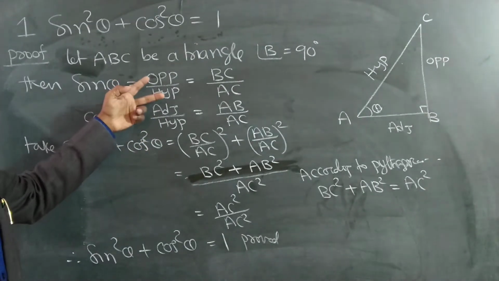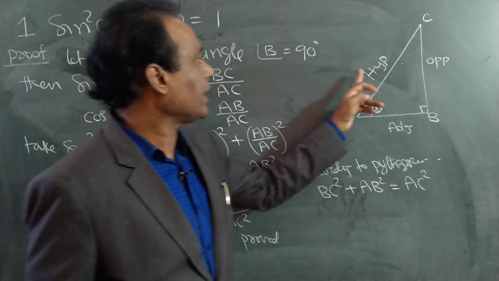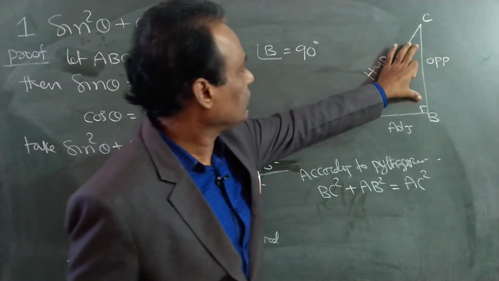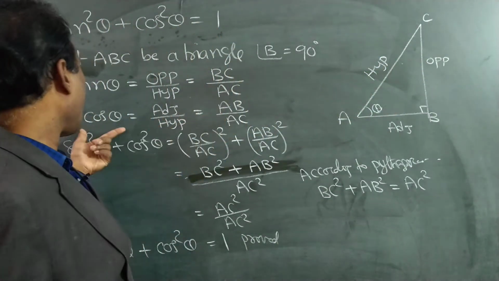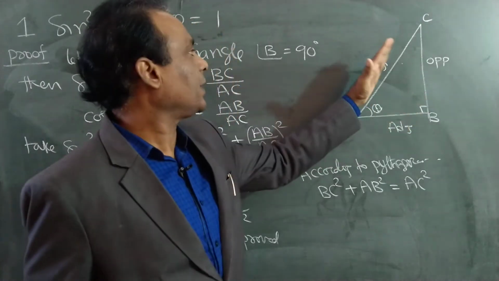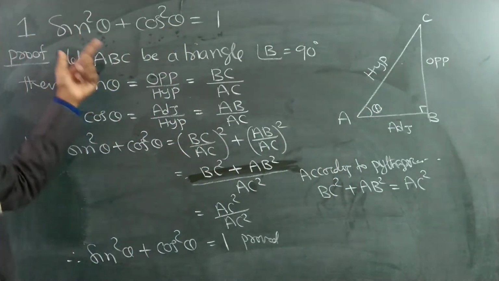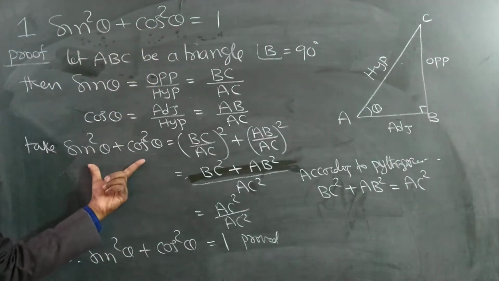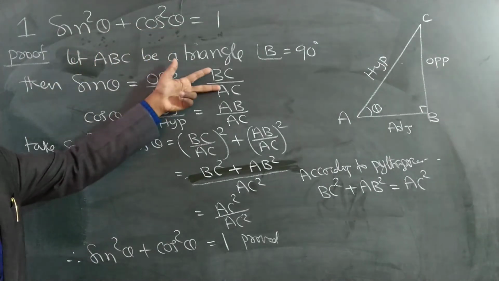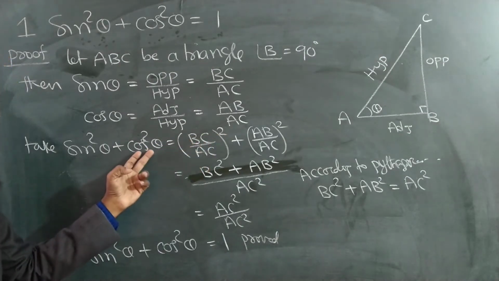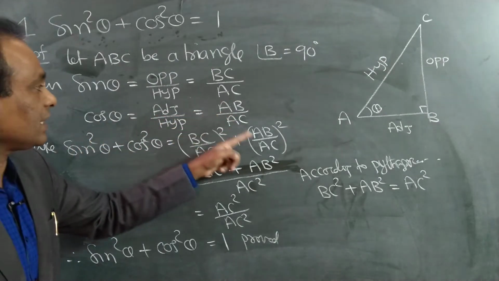I wrote the sin theta definition, opposite by hypotenuse, BC by AC. Cos theta definition, adjacent by hypotenuse, AB by AC. I require sin square plus cos square, so BC by AC whole square plus AB by AC whole square.